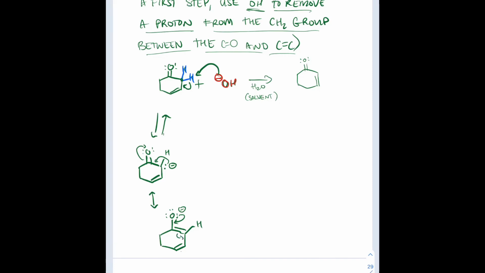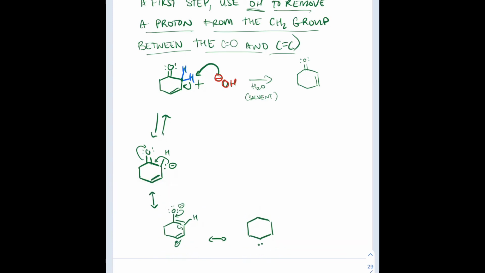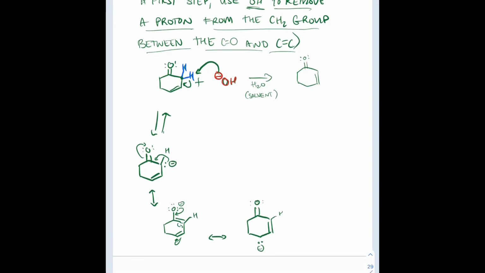So now that we've got that, we can also draw another resonance structure where we put the negative charge not on the oxygen or the adjacent carbon, but on the carbon at the very bottom of that molecule. So basically all we're doing again is shuffling pi electrons. That's what resonance is.